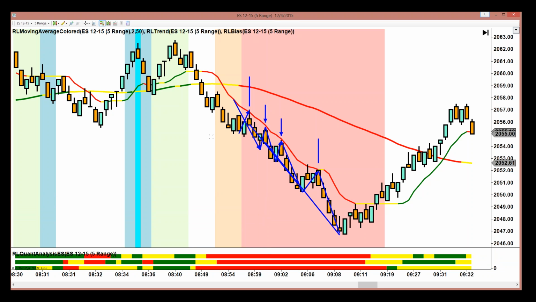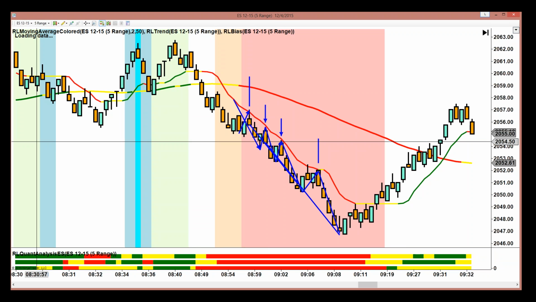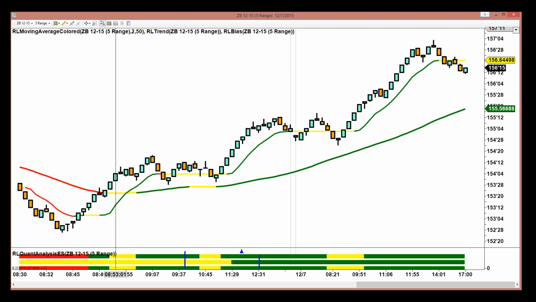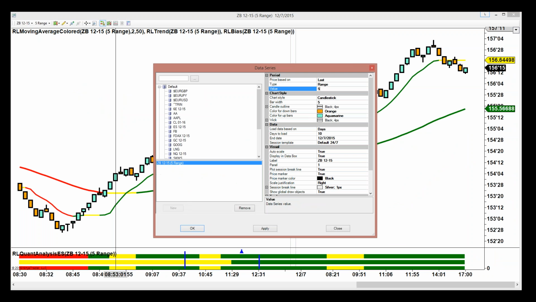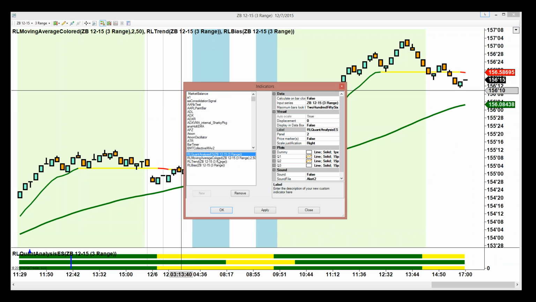Now, some markets, let me show you quickly, bonds. Now, bonds we trade on a 3 range. Now we have to change the quants. These are the quants for the E-mini.